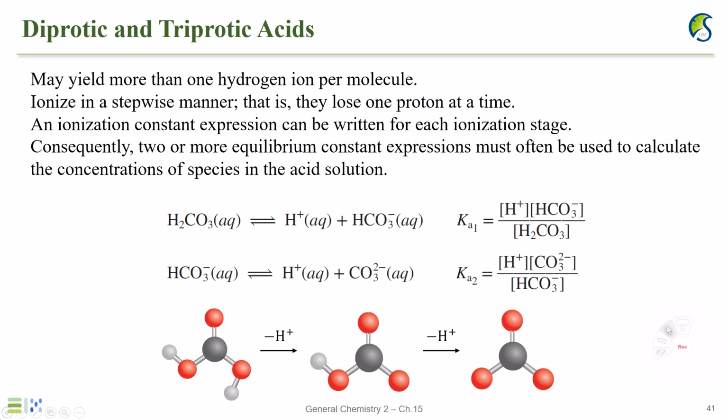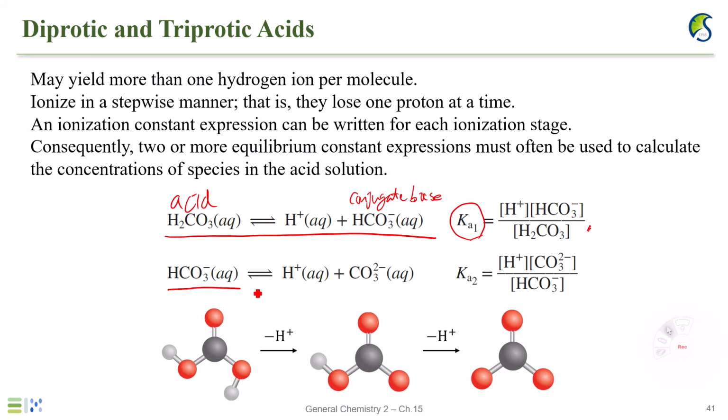So the first ionization reaction is this, and you can define Ka1 based on this equation. Here, this is an acid, and this is a conjugate base. But this conjugate base can also act as an acid in this case because it still has 1 proton to donate.